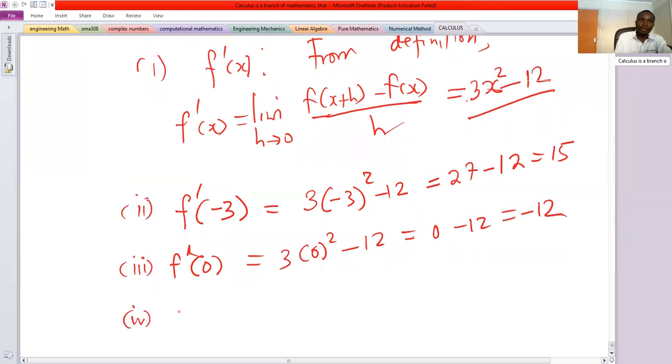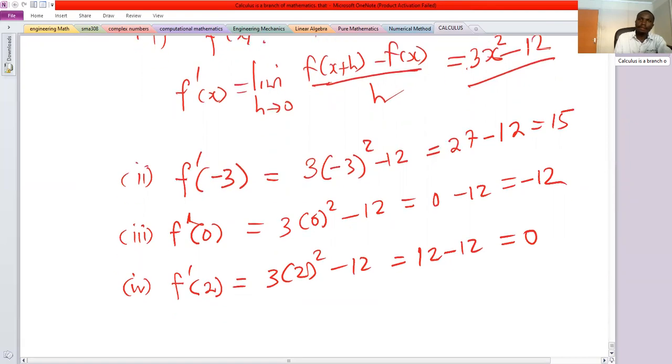Part 4, f prime at 2. So where there's x, we put 2. 2 squared is 4 times 3, 12. So 12 minus 12, we get 0.